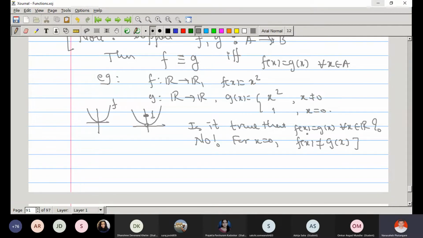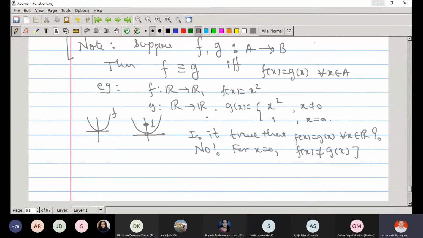Therefore, the condition that they agree at every element of the domain fails. So these two are not the same function, even though they differ at only one point. Two functions are identically equal if they do not differ at any point, that means they agree at every point of the domain. That is the meaning of two functions being the same.